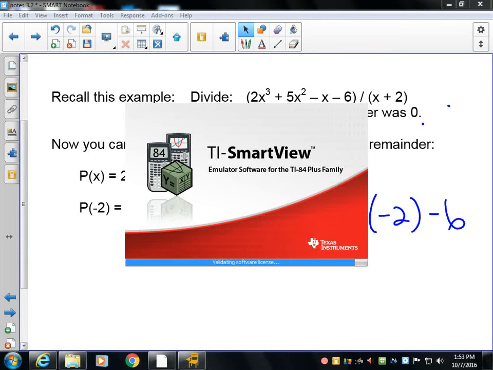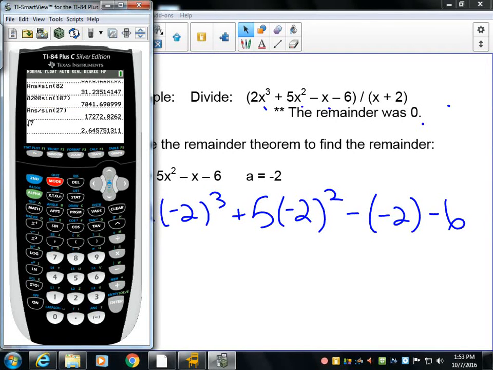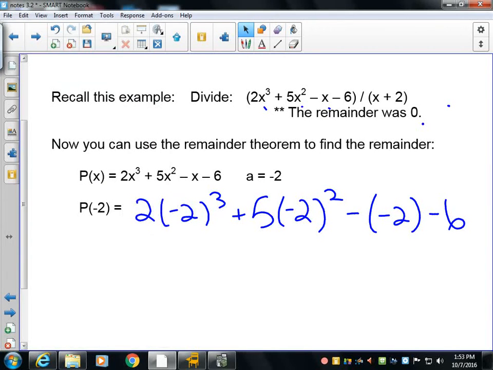Did you plug it in? Okay. What did we have? Negative 2 cubed. Oh, you guys found it already? Okay. A equals 0. When you plug that in, that equals 0. What was the remainder?